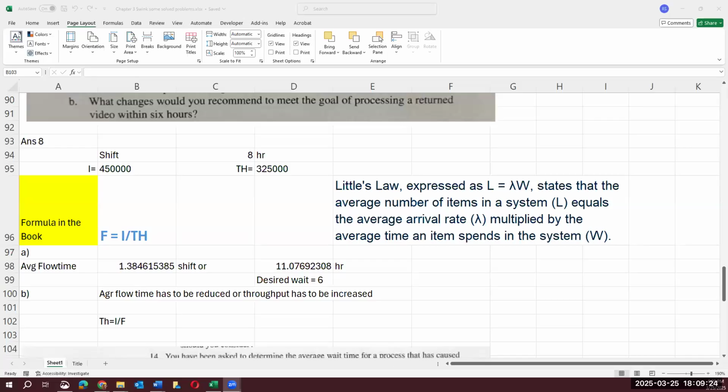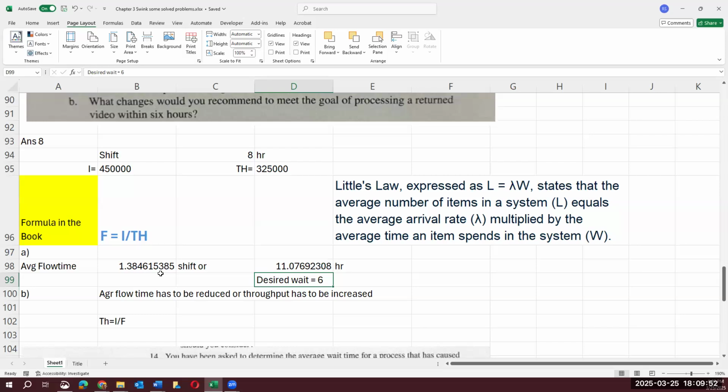They now want to cut the desired wait time down from 11 hours to 6 hours. What do they have to do? The only thing they can do is process them at a faster rate. 325,000 units per shift is not acceptable, so they have to increase it. We need to figure out what 6 hours translates into in shifts.